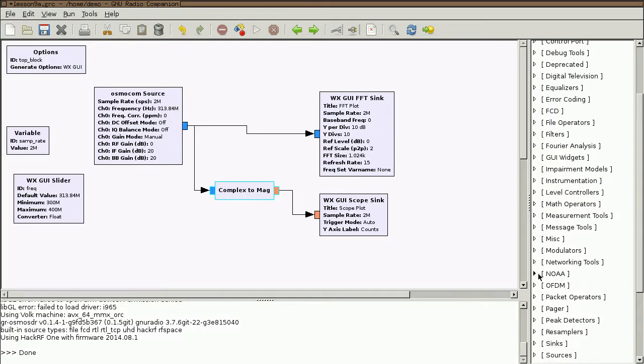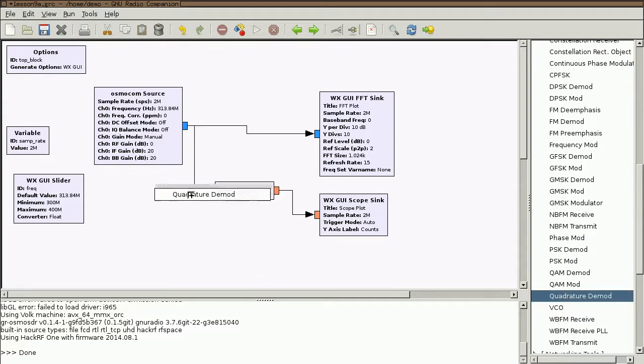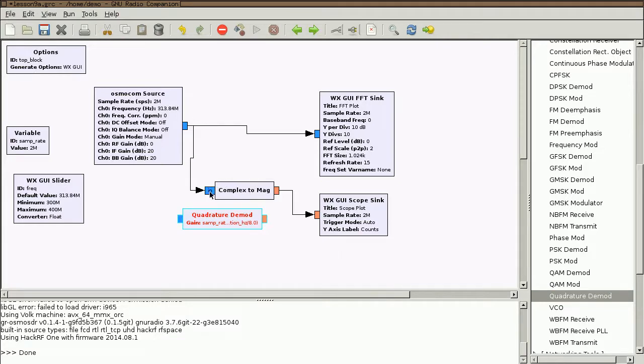It's under modulators, and we will pull quadrature demod out there, and notice it's similar to complex to mag in that it takes complex valued input and produces this orange data type that's floating point valued output.